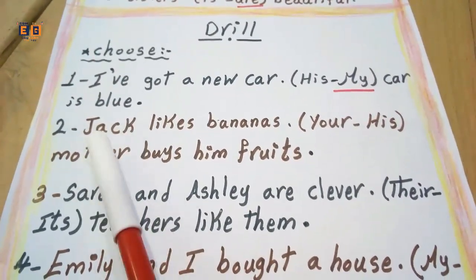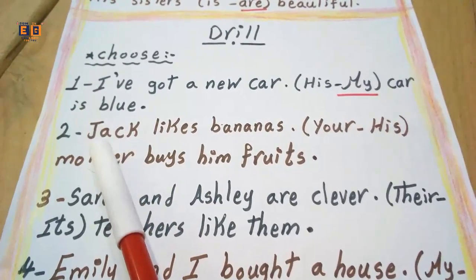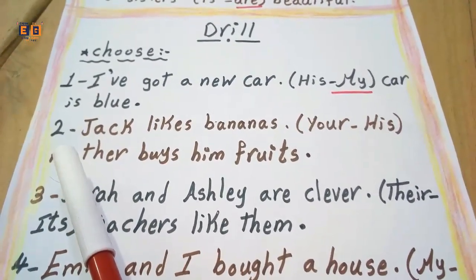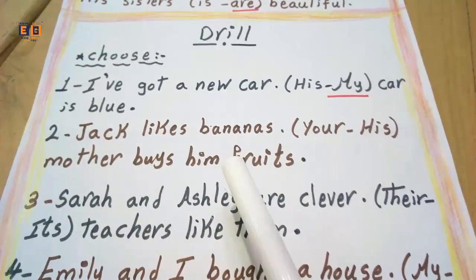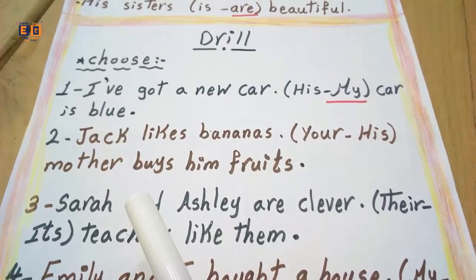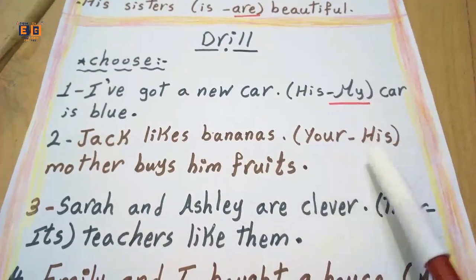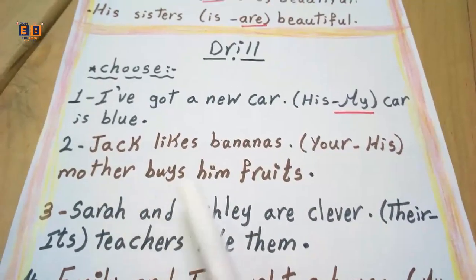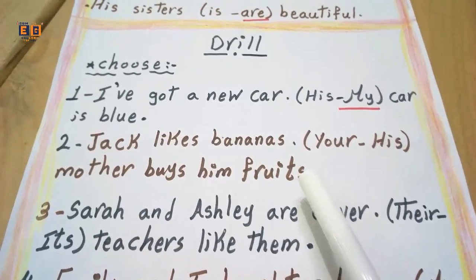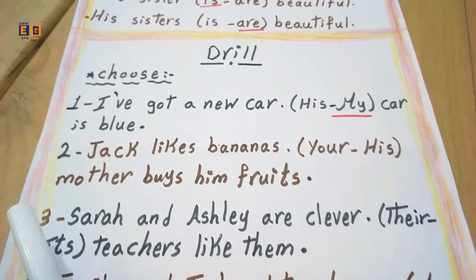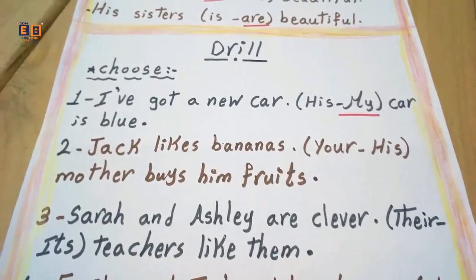So we can replace Jack with the subject pronoun he. And the possessive adjective which shows the ownership for any singular absent male will be his. So we can choose his mother buys him fruits. Why? Because we are talking about Jack, who is a singular absent male.